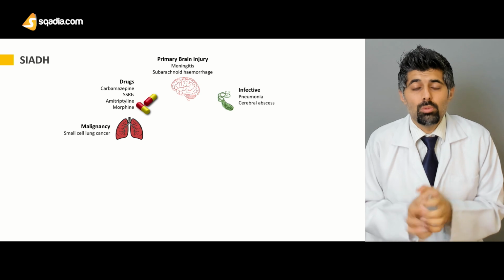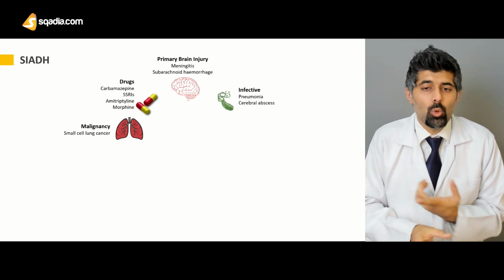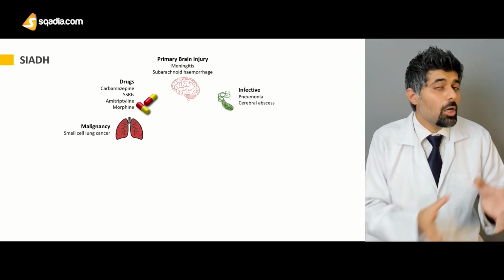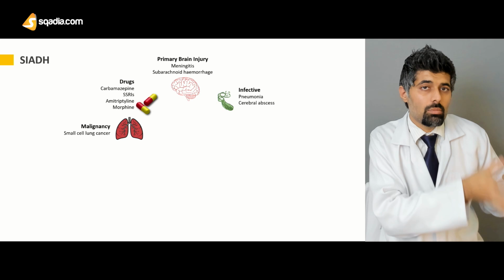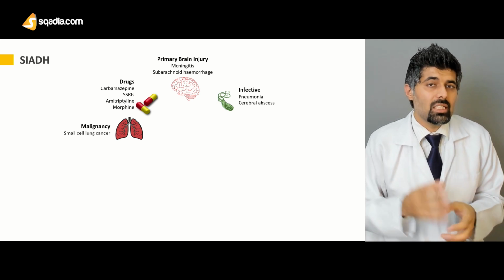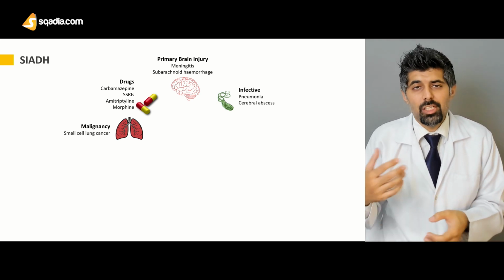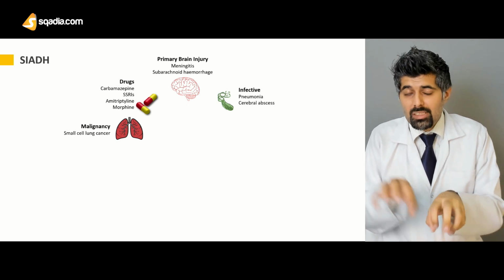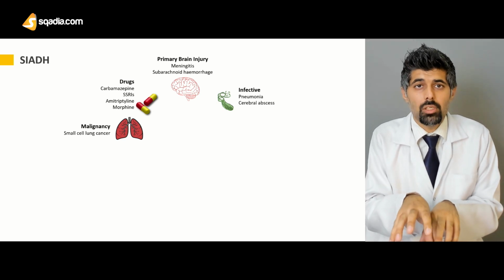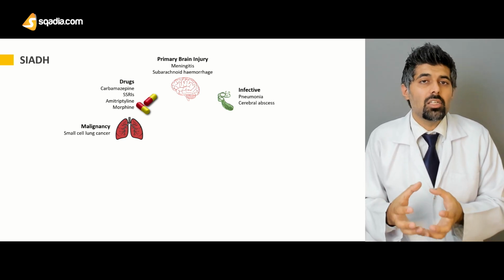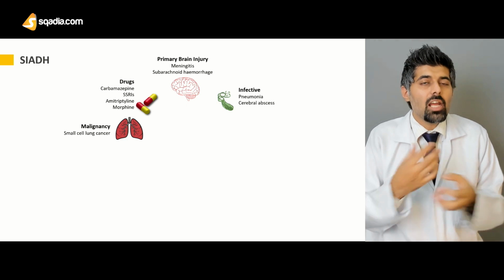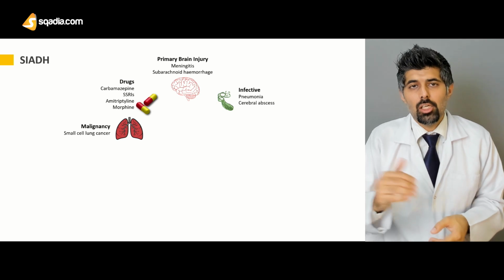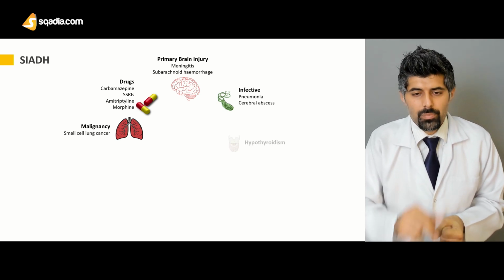It can also be due to certain infections such as pneumonia or cerebral abscess. Again, because of the pneumonia, because the pulmonary tissue is being compromised, there's increased ADH secretion. And in case of cerebral abscess, because the abscess has resulted from an infection, and that infection can result in inflammation and hemorrhage-like situations, it can result in increased ADH.